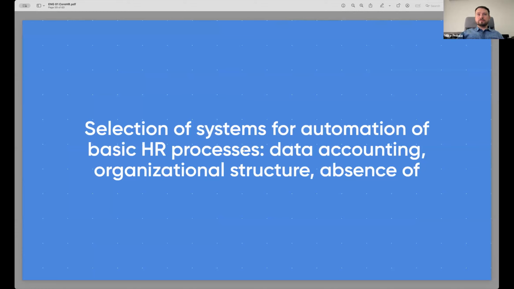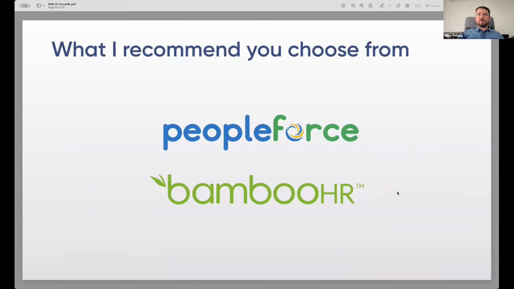Selection of system for automation of basic HR processes. Let's now talk about basic HR processes like data accounting, organizational structure, and management of absence. What I recommend you choose from? You may live in any country in the world, no matter where you live, but I would recommend you to consider only these two systems, which are the best of the best.